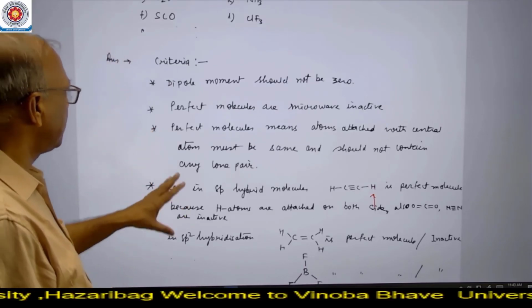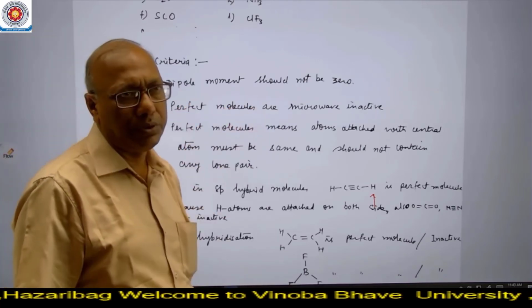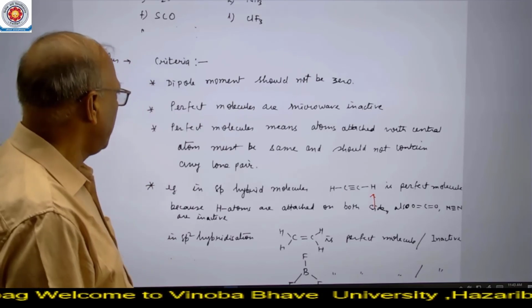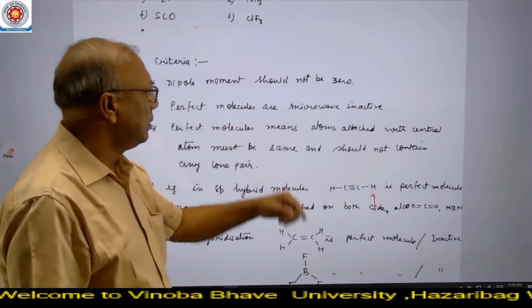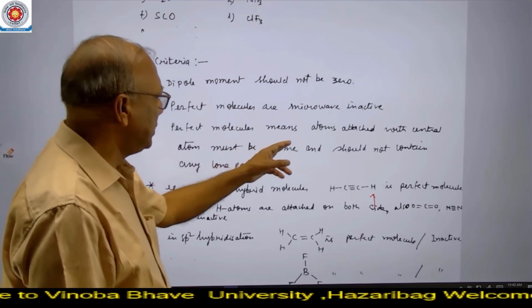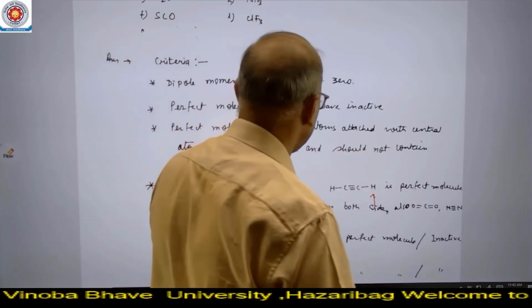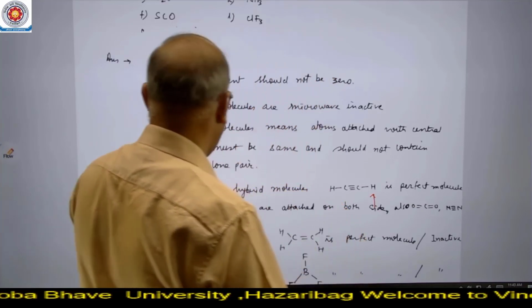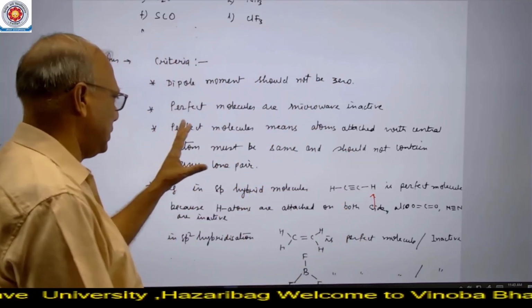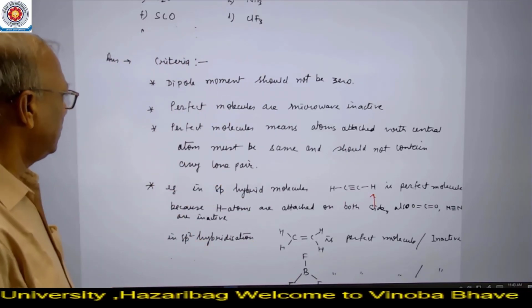The dipole moment should not be zero. Perfect molecules are microwave inactive. A perfect molecule means the atoms attached to the central atom must be the same and it should not contain any lone pair. So that is the concept of a perfect molecule.